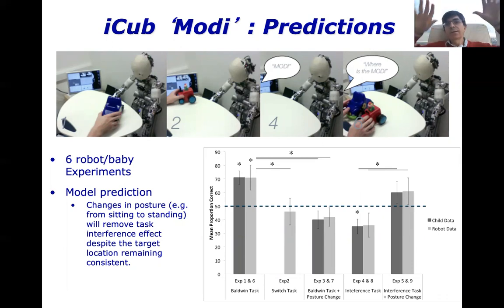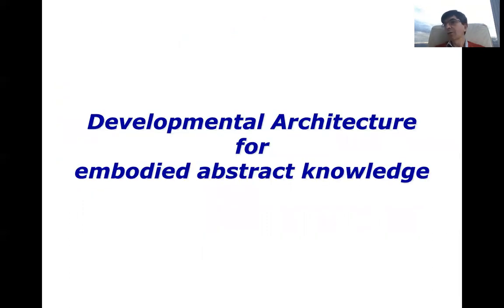We also manipulate vertical dimensions. We predicted that in some condition, when you move the objects to the opposite side of the learning space, if you also change the vertical posture, then you get above chance performance, which means the child or the robot is increasing its lexicon by using these additional strategies. So it's a two-way collaboration between us and psychologists.